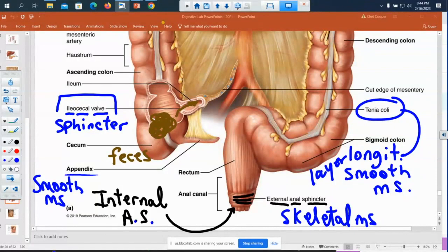So the skeletal muscle one, as a person grows and learns to control their muscles, they also learn to develop control over that one. So the cool thing is, if you feel like you have to go, you can tighten that sphincter for a little bit, and it creates a change in your nervous system, and it usually stops the other reflex for a while. So you notice if you kind of have to go, you can stop that and then not even think about it, and it goes away.